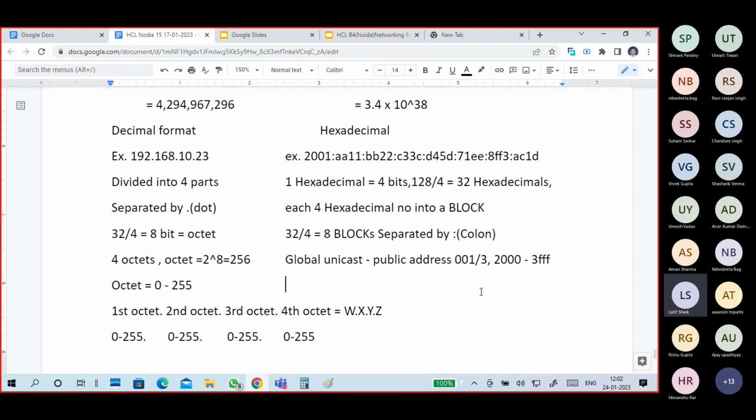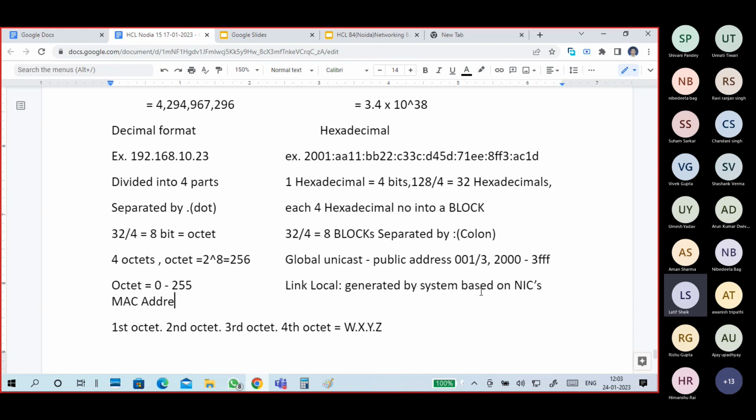Link local IP address. Link local address is generated by the system based on the MAC address.